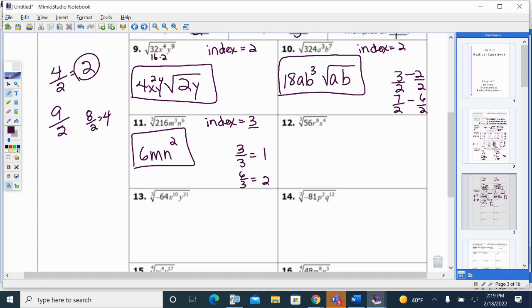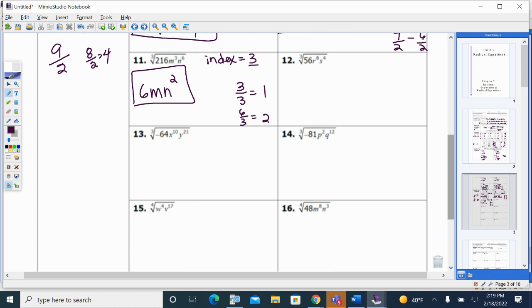Number 13. Let's jump down to number 13. So here again, you have an odd index with a negative under the radical. That means you have a negative on the outside because the cube root of -1 is -1.